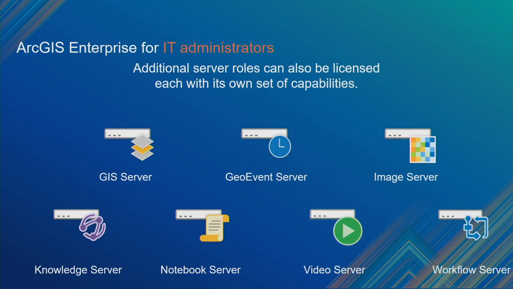The GIS server is part of that ArcGIS Enterprise base deployment, supporting all of those GIS services that we talked about. But maybe you're working with things like real-time data, and you might want to have a GeoEvent server to support that. Maybe you're processing and interacting with large amounts of imagery. Image server can support that. Maybe you want to embed video data alongside of your spatial data. Video server is a way to do that with ArcGIS Enterprise.